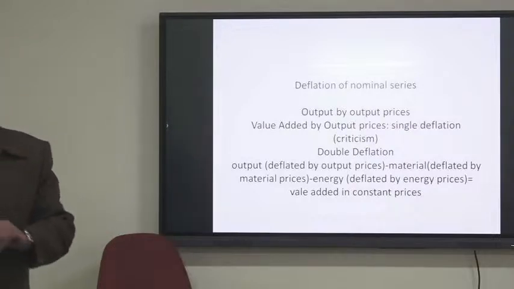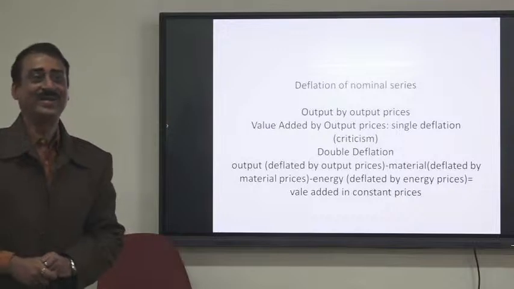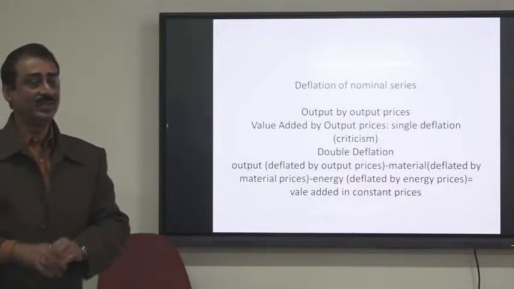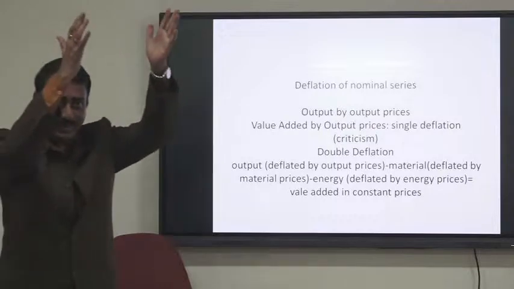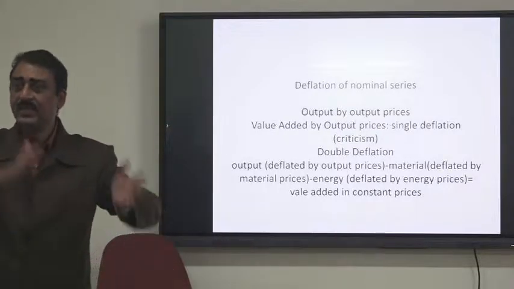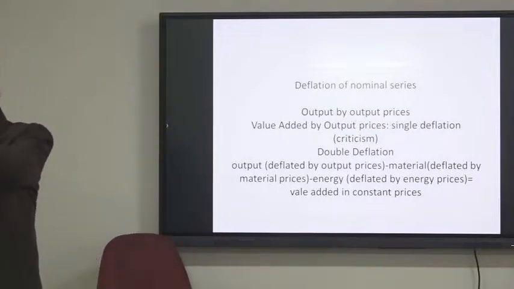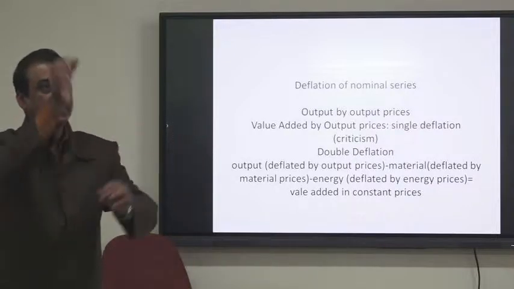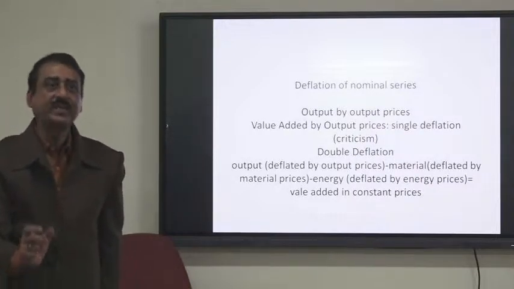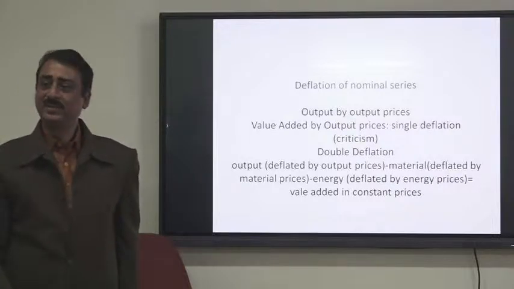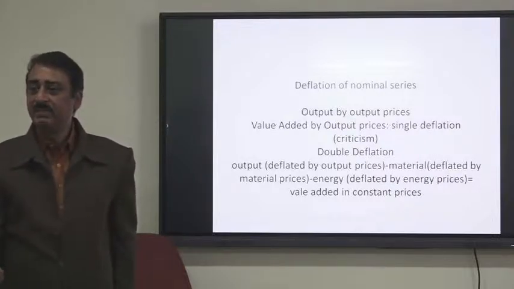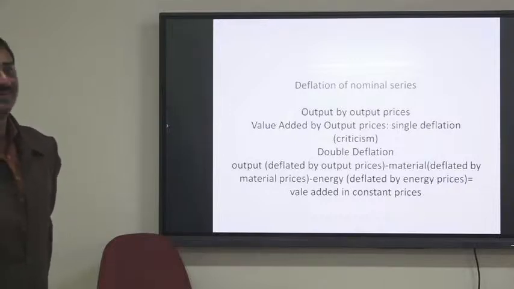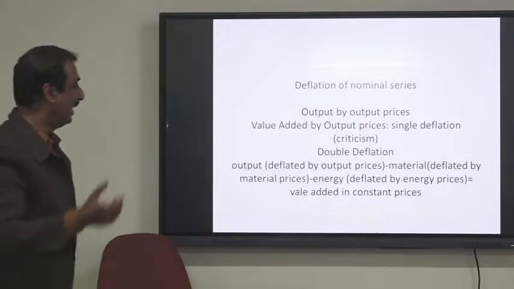Then you will get the deflated value added. This is what is called the double deflation method. So in the double deflation method, you are deflating the output by output prices, deflating the inputs by input prices, and then deducting one from the other, and what you get is the deflated value added. Whereas in the single deflation method, you assume that output and material prices are moving in the same manner, and then you follow that.